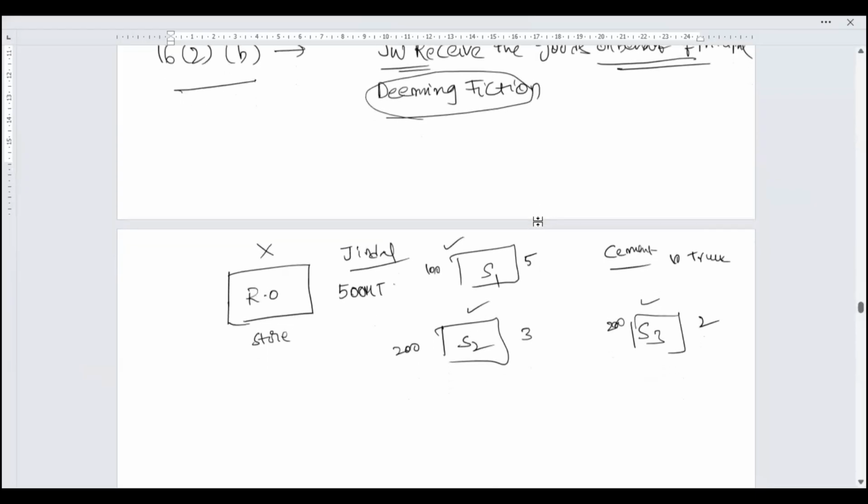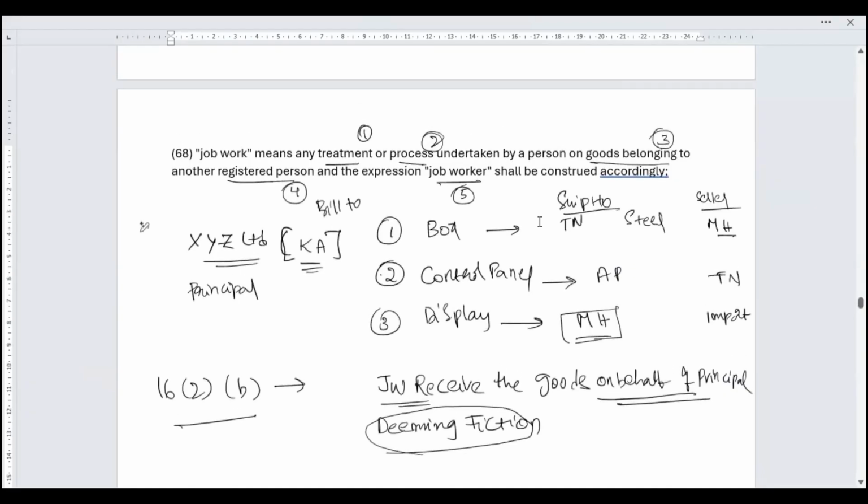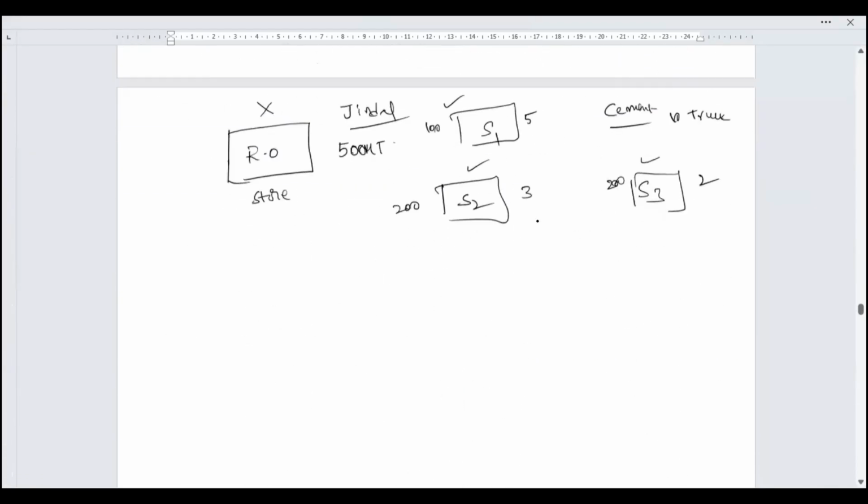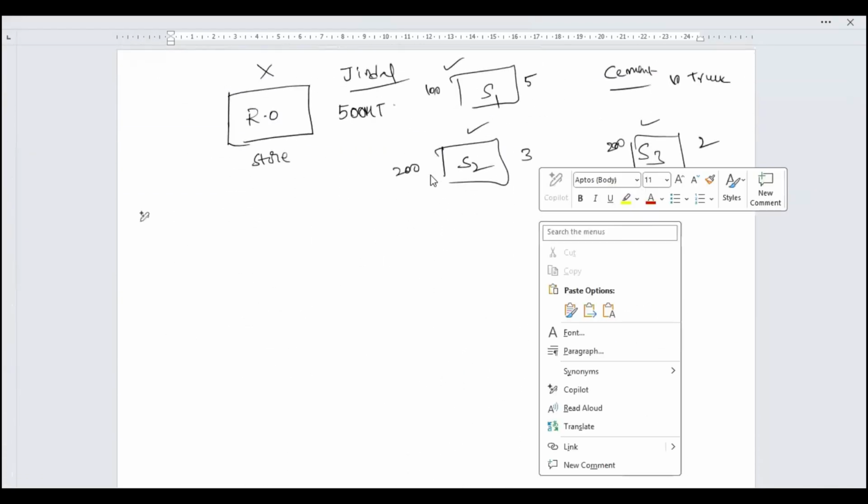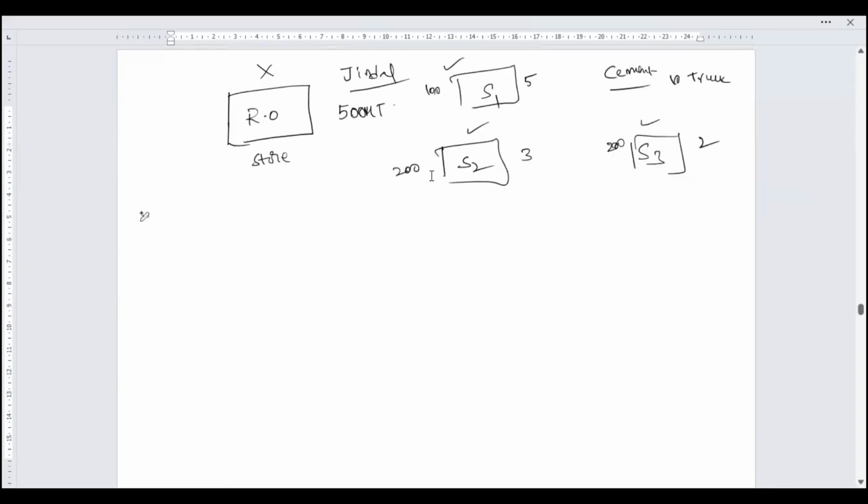Here, we were talking about job worker where there's a principal, there's a job worker, right? Now, law says that, look, when you operate like this, could be in construction, could be in job work, whatever it is there, look at your principal, look at your job worker. Scenario 1, principal is registered, job worker is also registered.